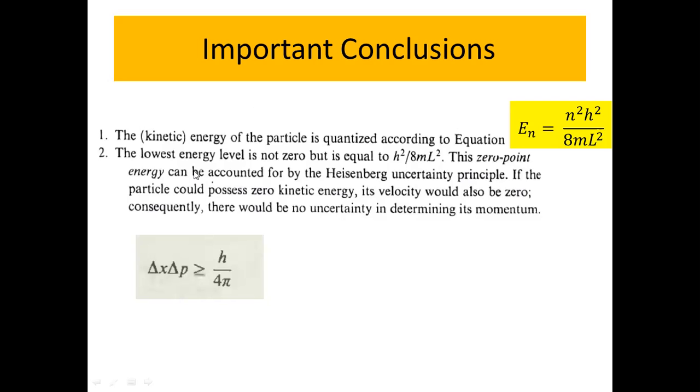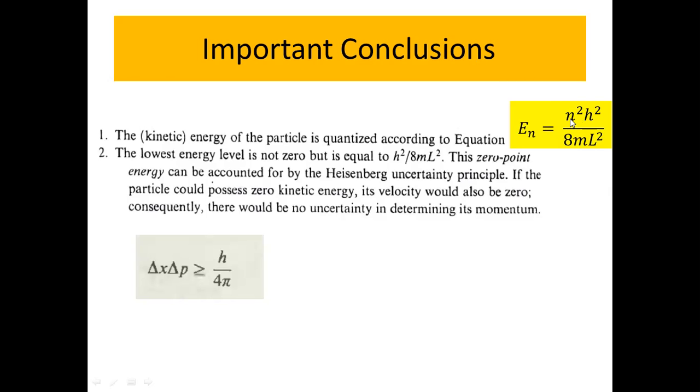The second important conclusion is over here: the lowest energy is not zero, but it is equal to this whole factor h square over 8 m l square. The lowest energy level is when you have energy level 1, because the value of n is equal to 1, 2, 3 and so on.